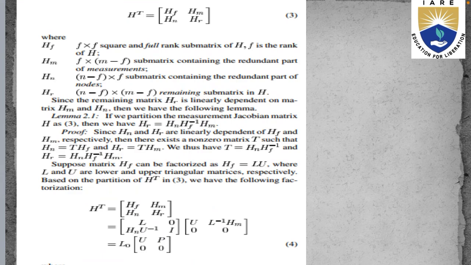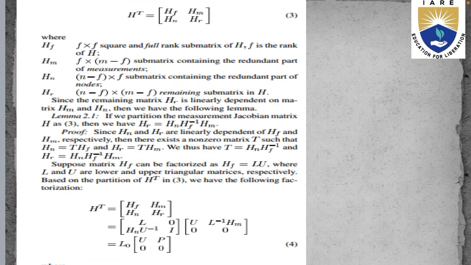Suppose matrix H_F can be factorized as H_F = LU, where L and U are lower and upper triangular matrices respectively. Based on the partition of H^T in equation 3, we have the following factorization.